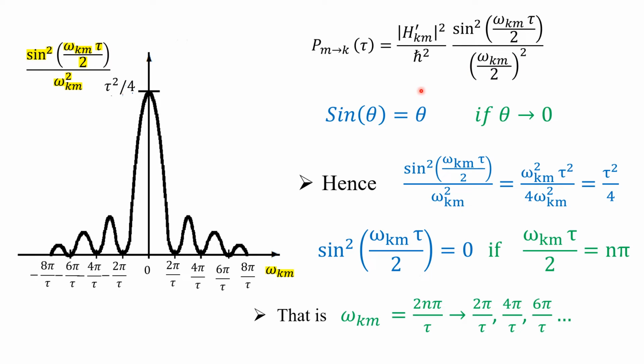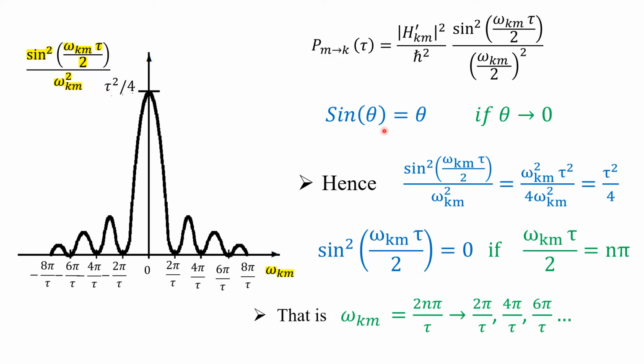Now we will try to draw the graph for this, that is ω_km versus sine squared of ω_km tau over 2 divided by ω_km squared, in order to have better understanding. First we will take the origin case when t equal to 0, that is when sine theta equal to theta.